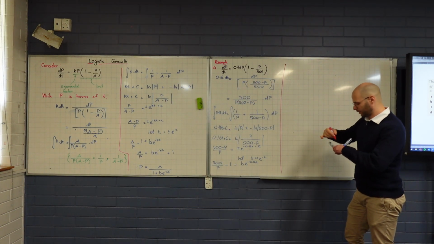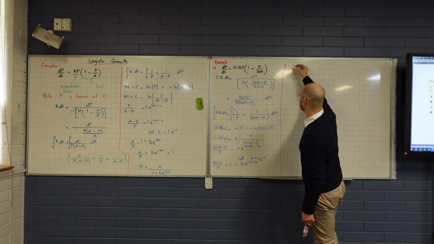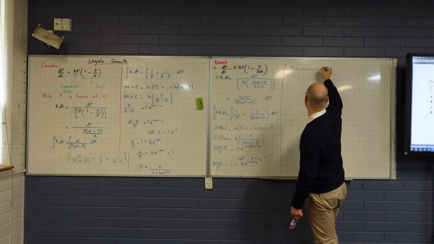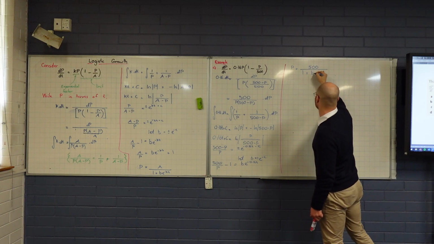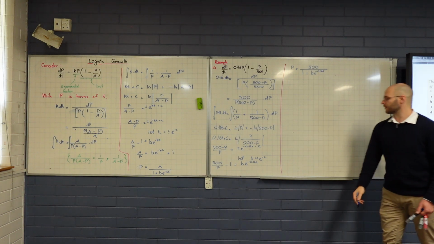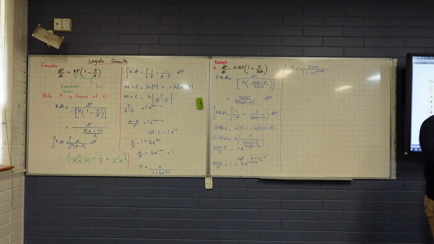Once we're there, we can just finish it off on a single line. This is going to be P equals 500, downstairs it will be 1 plus B e to the negative 0.16t. And there's our P in terms of t.